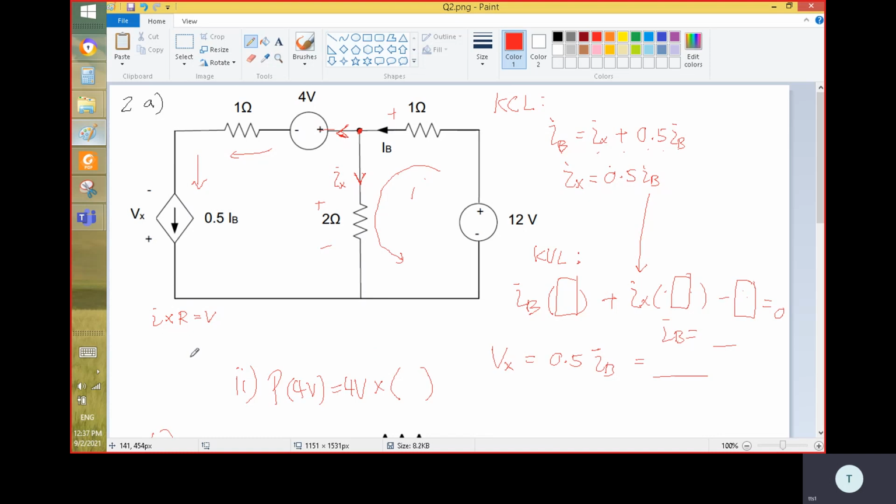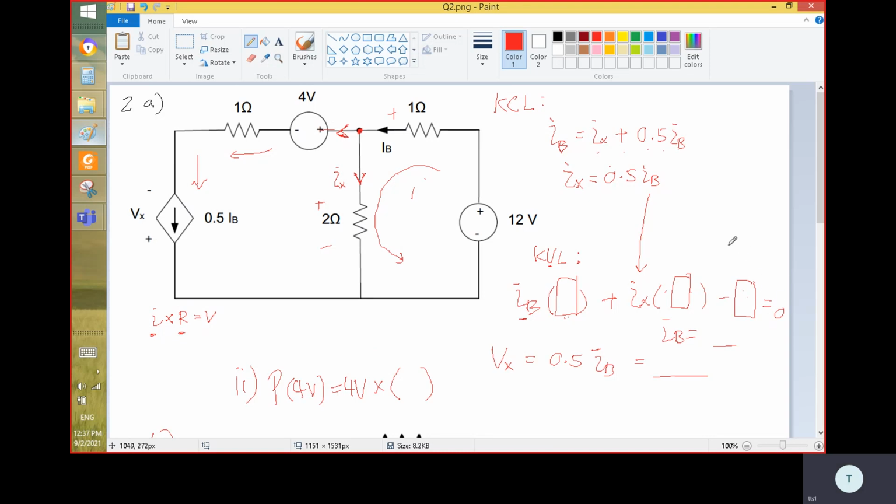So we get one current, and the other one must be resistor. Then the other one is IX, current and then resistor, and then minus something equal to 0. The sum of all the voltages around this loop must be equal to 0.